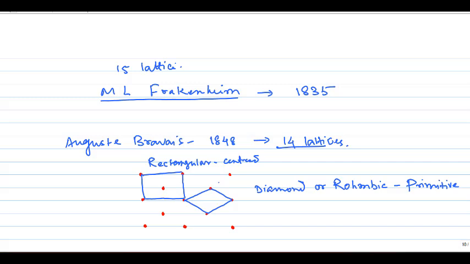May not be the exact same lattice, but while he was doing his work on the space lattice, this kind of possibility was there, and probably that led him to believe that there are 15 lattices. 13 years later, Bravais found that mistake and corrected it to 14 lattices, and today we know all this by his name, 14 Bravais lattices.